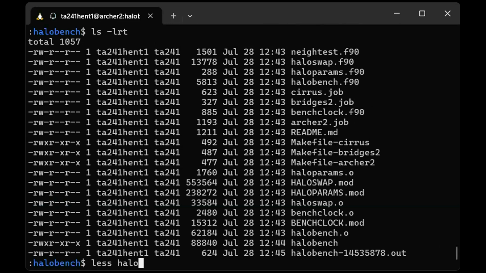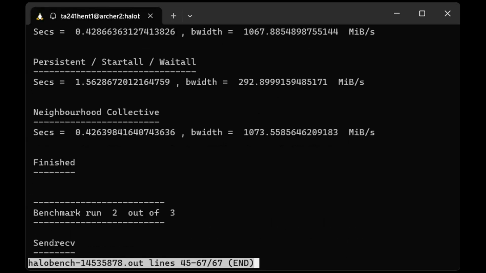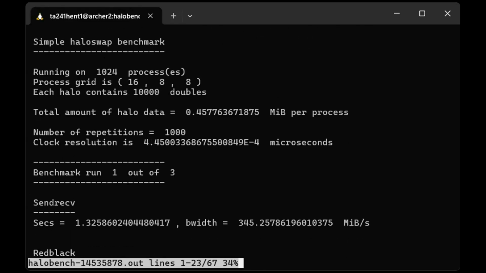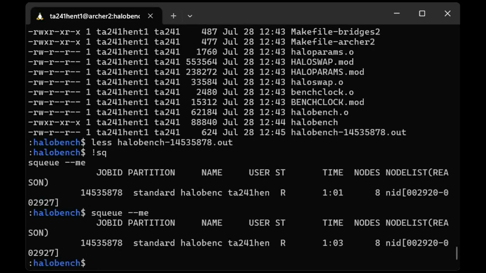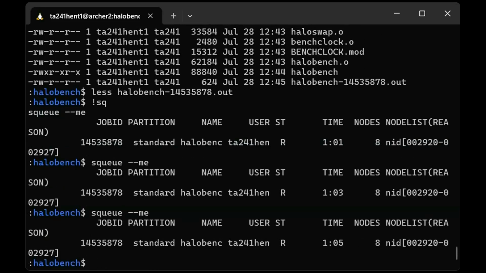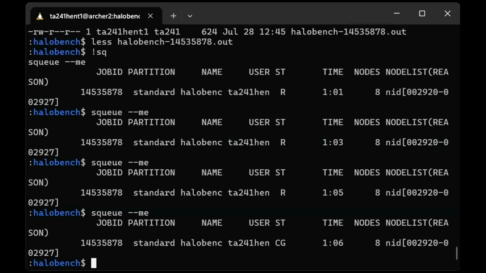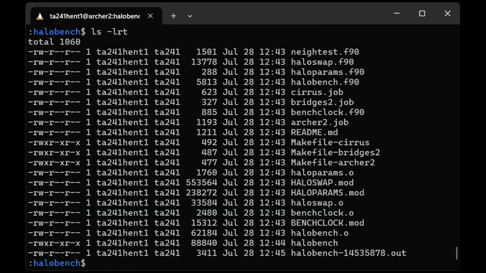Yeah, so the Halo Bench is running. It hasn't quite finished yet. It's taking longer than I'd expected, but it's completing now.